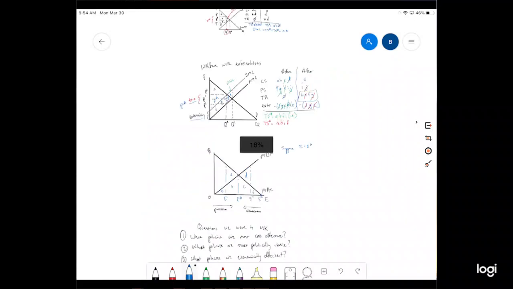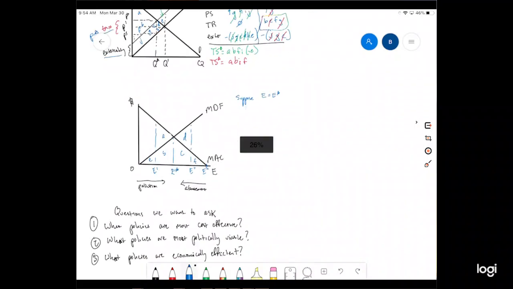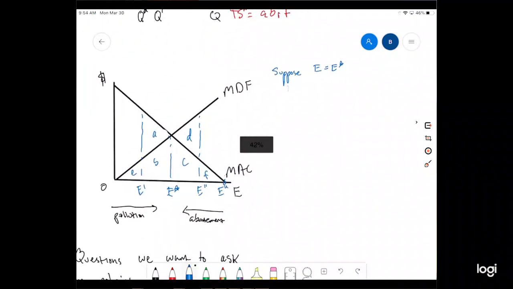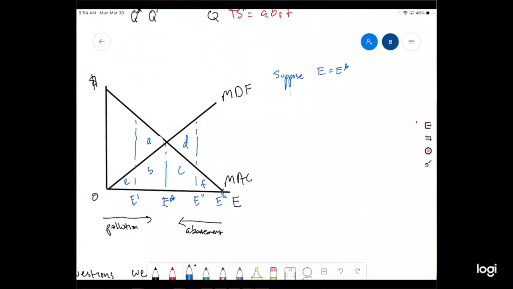Total abatement costs equal C and F, the area under the marginal abatement cost curve between E star and EU. Total damages are equal to E and B.